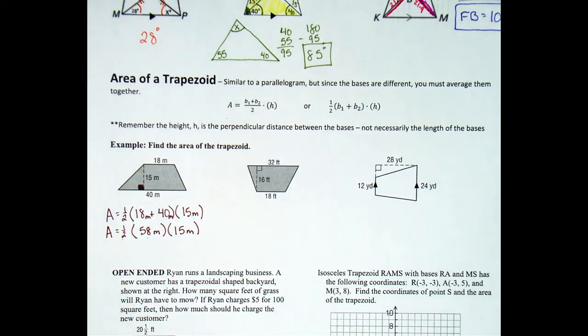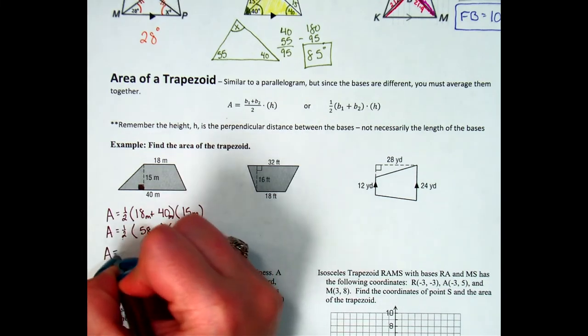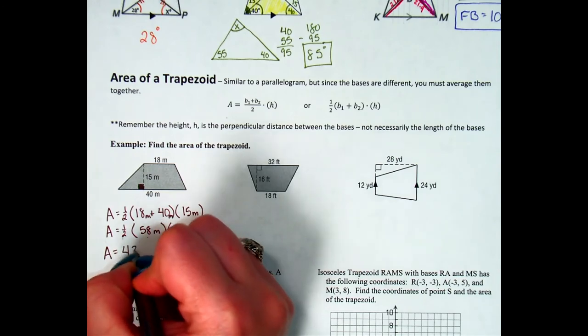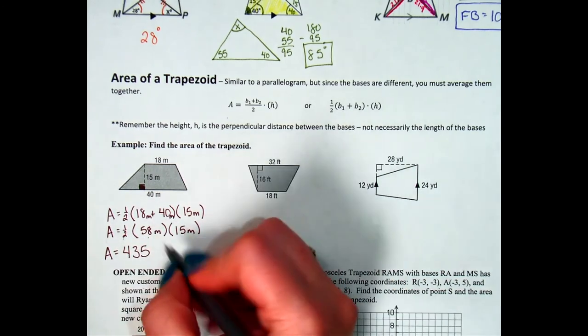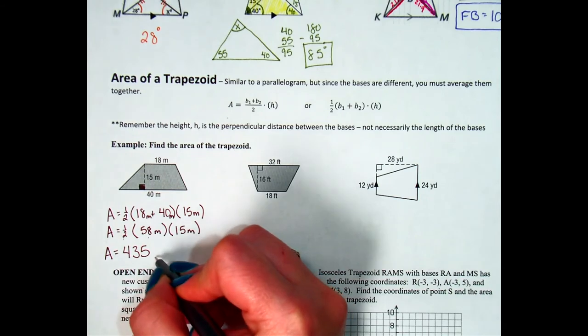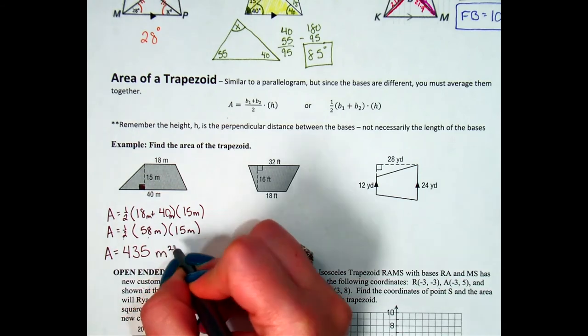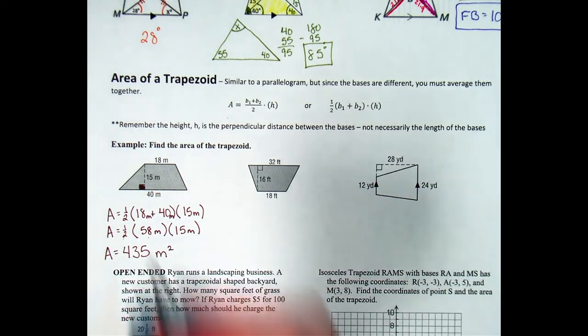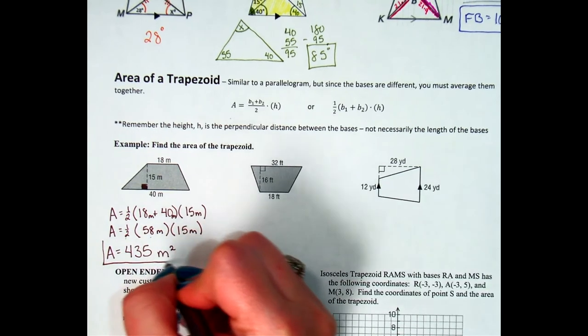It doesn't matter, whichever way works best for you. I'm going to do 1/2 times the 58, that's 29, times 15 is my area equals 435, and it is area, so we're going to use square units, but I can't put the square on the 5, I have to put the square on the units. So 435 square meters.